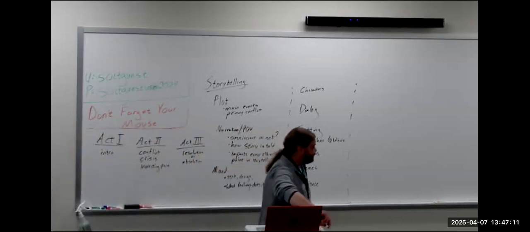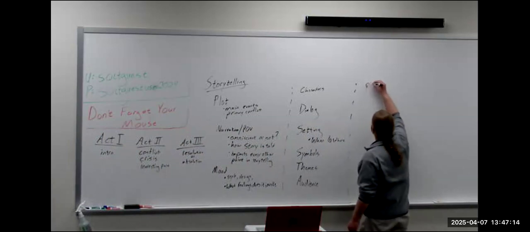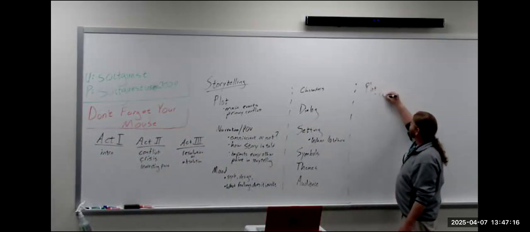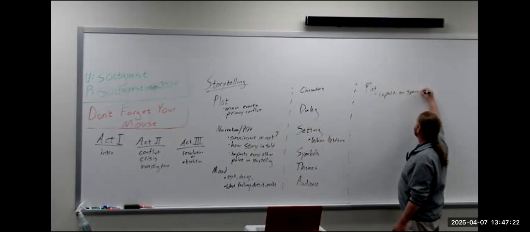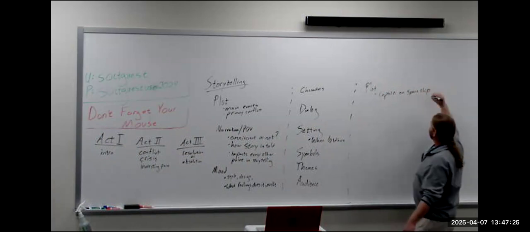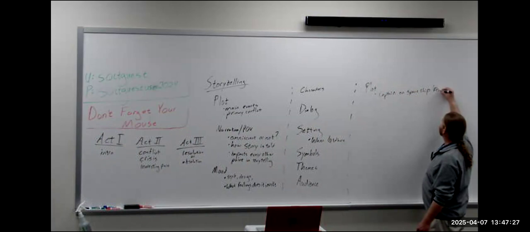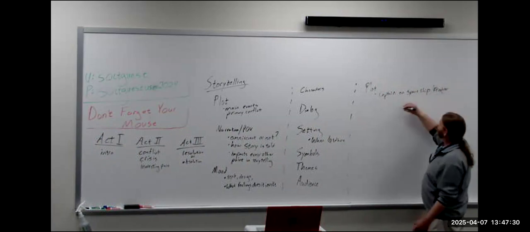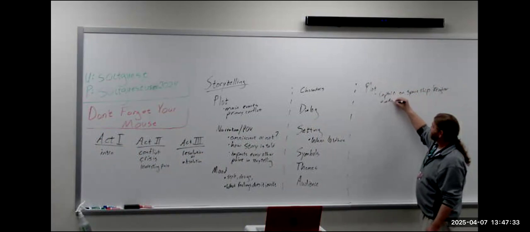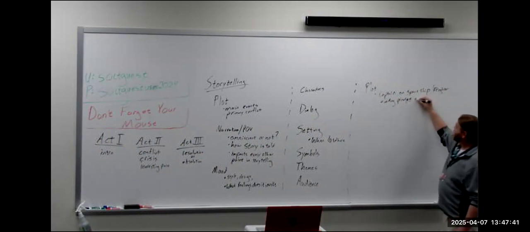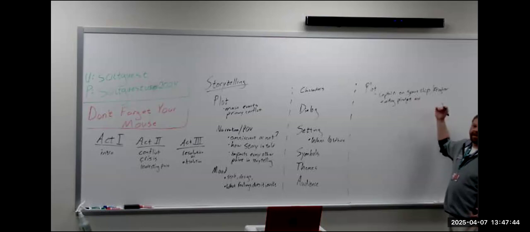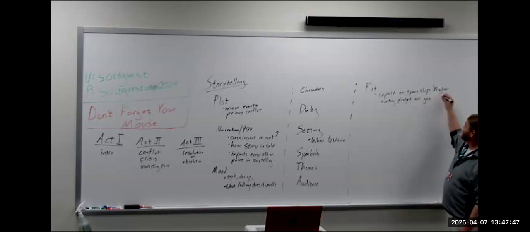So have a plot, something like a captain on a spaceship. Maybe a freighter, say something different than I just said. A freighter avoiding pirates and government officials, something like that.